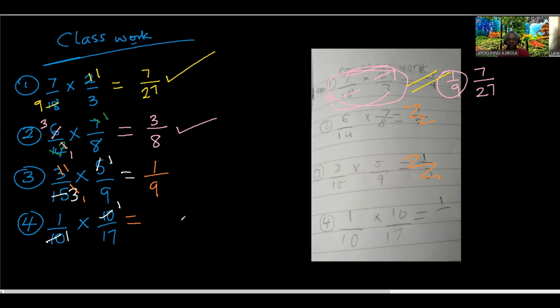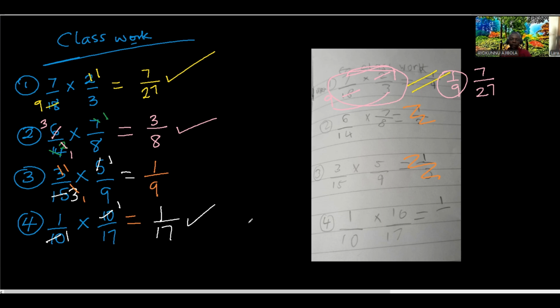So what remains at the top? 1. 1 over what? Multiply the numbers that remain at the bottom, 17. You can see you did this yourself now, right?